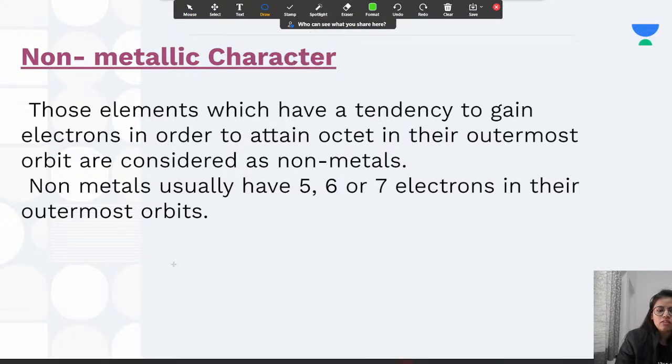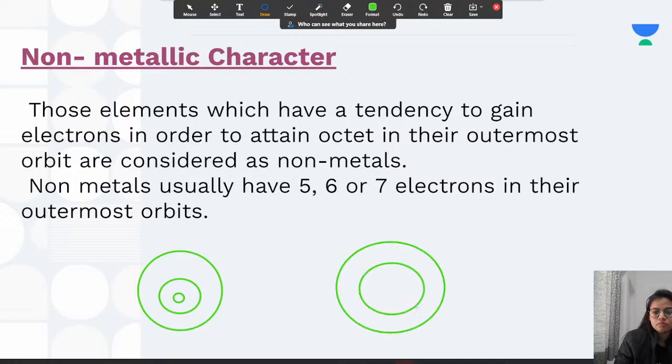So let's take a case of one metal or one element having, okay, that is the example of two of the elements. This is the nucleus.